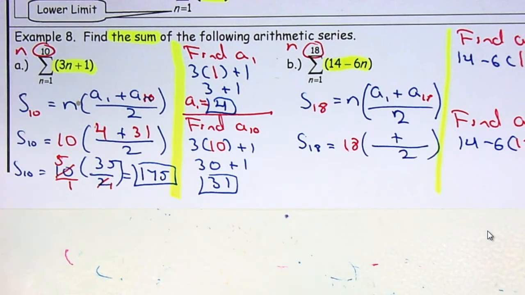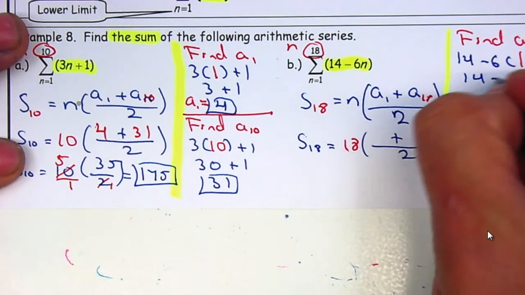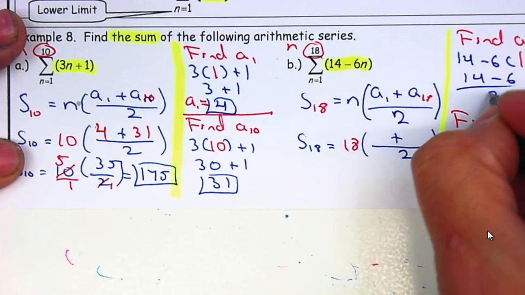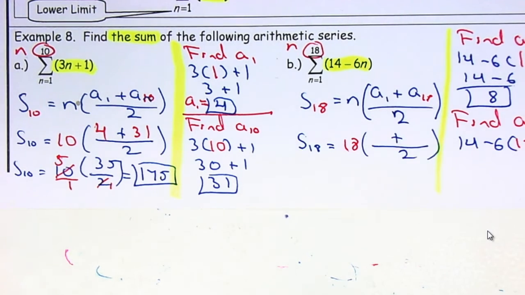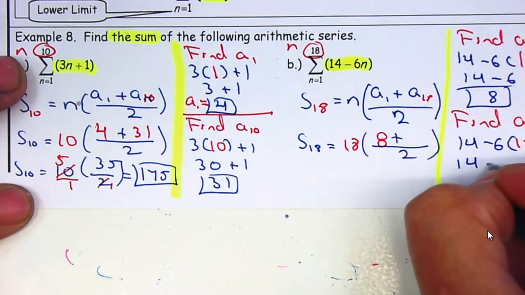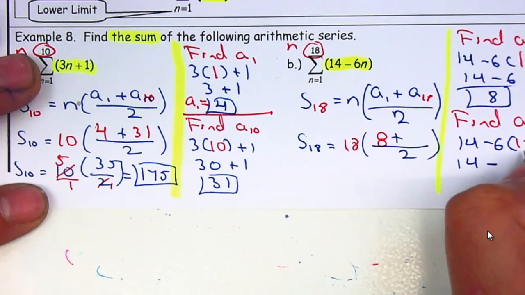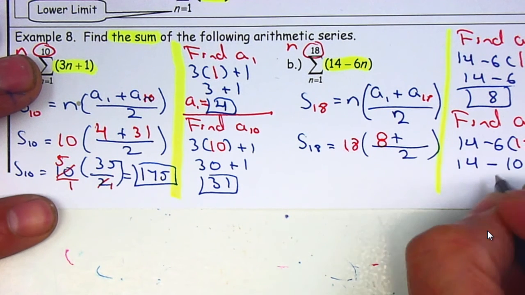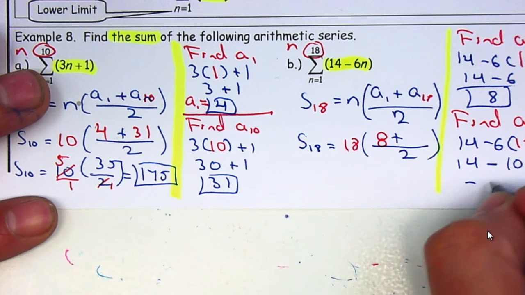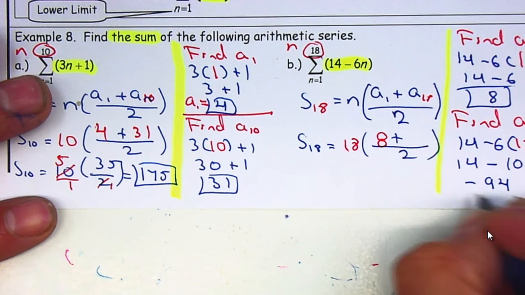And we just simplify. 14 minus 6, the first term will be 8. The last term will be 14 minus 6 times 18. 6 times 10 is 60, plus 48 is 108. And that gives you negative 94.